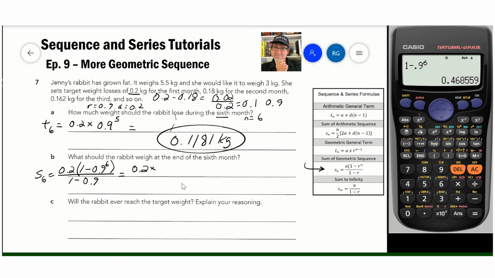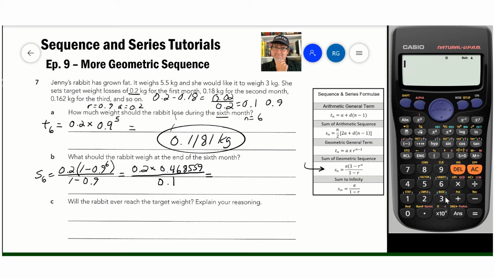So we've got 0.468559, and that's all over 1 minus 0.9. That's just 0.1. All right, so let's go ahead and find this sum, and that's going to be how much weight the rabbit has lost.